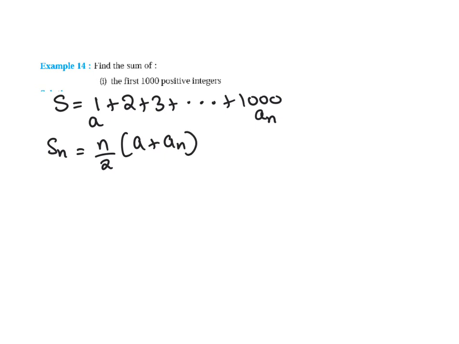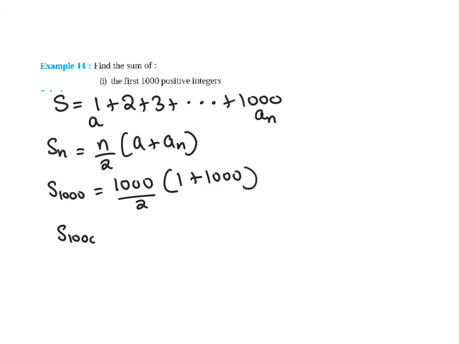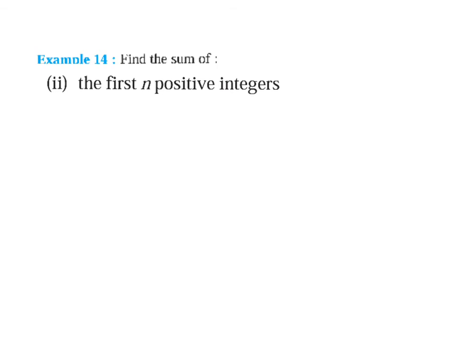Now there are 1000 terms, so n is 1000 over 2 times the first term 1 plus the 1000th term, 1000. Simplify and you get the sum of the first 1000 terms is 500500. Very easy.